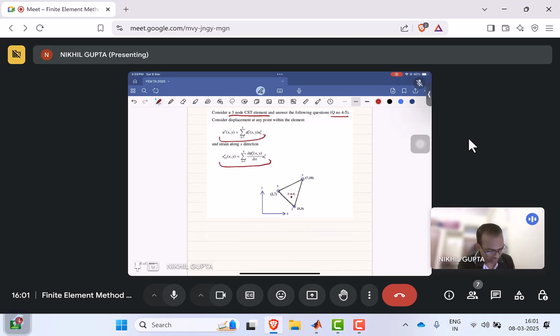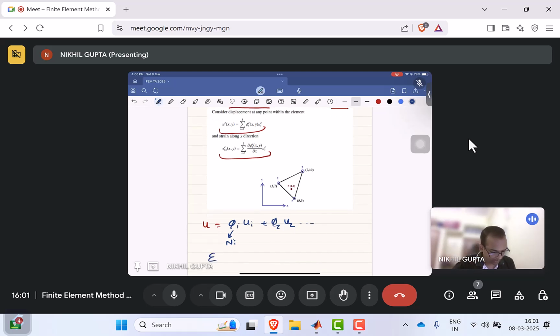So u, if I simplify it, is phi 1 u1 plus phi 2 u2 and so on. And phi is nothing, they are the N1, N2 as well, just a way of writing as phi, but these are the shape functions only. And the epsilon is del phi 1 by del x u1 plus del phi 2 by del x u2. Same thing, del N1 by del x, del N2 by del x.